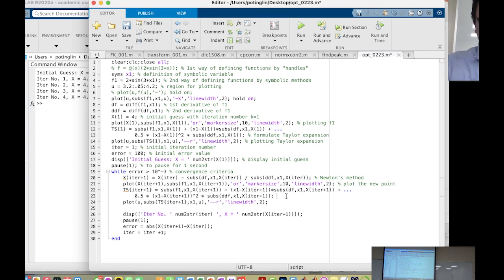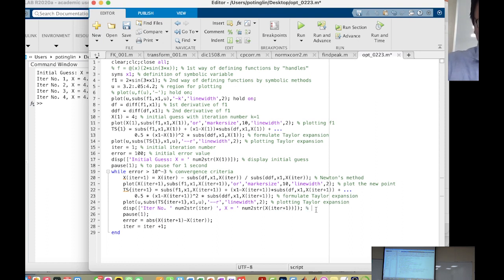Over here, I formulate the Taylor expansion again, and here is to plot the Taylor expansion, and here is to display the iteration process.